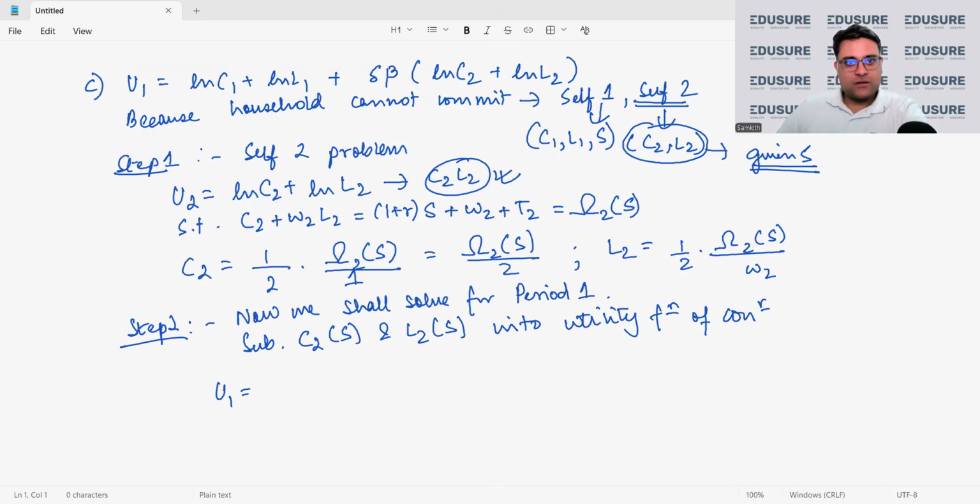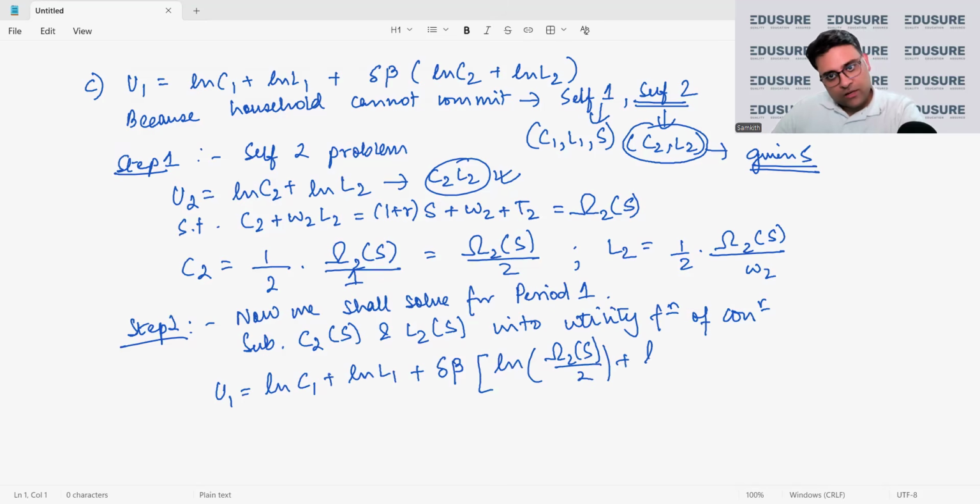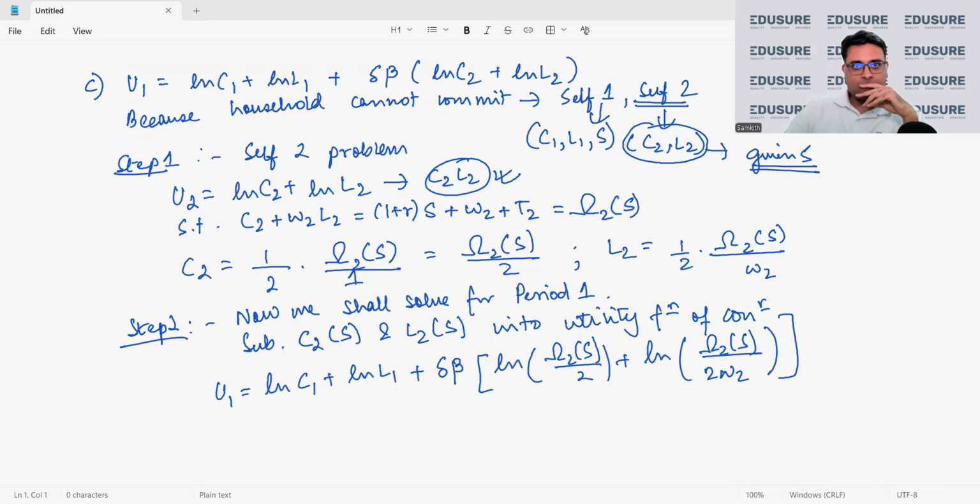So U1 is basically ln C1 plus ln L1 plus delta beta, ln C2, which is omega 2 by 2, plus ln L2, which is omega 2 by 2 W2. Clear?